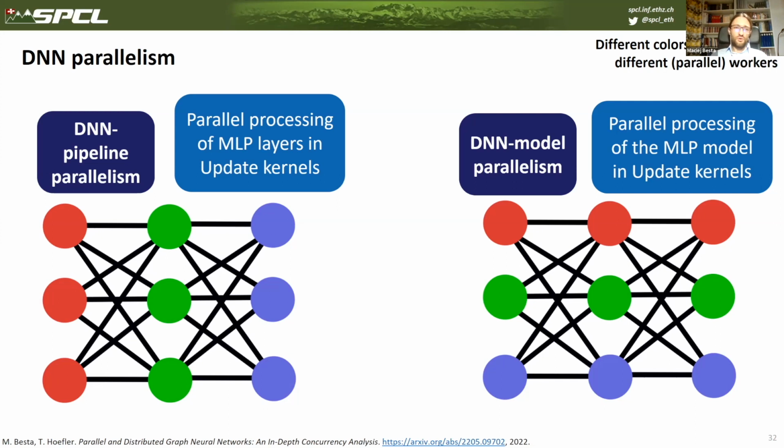And this is exactly what we are doing here. We can apply DNN pipeline parallelism, which would assign different workers to different stages of this small MLP, which sits within a single GNN layer. Or we could also apply a more general DNN model parallelism, in which we split the processing of this part more arbitrarily across different workers, essentially imitating the parallelization we would apply to a traditional deep neural network setting. Right. So this is another very fine-grained way of parallelizing the processing of graph neural networks.